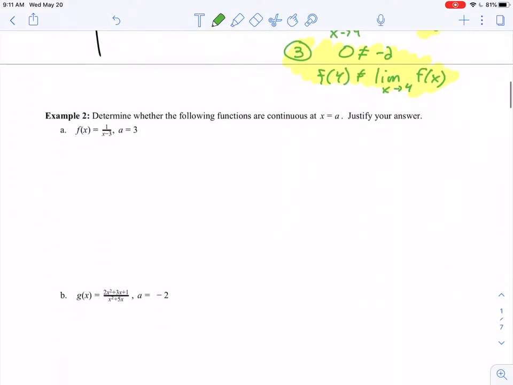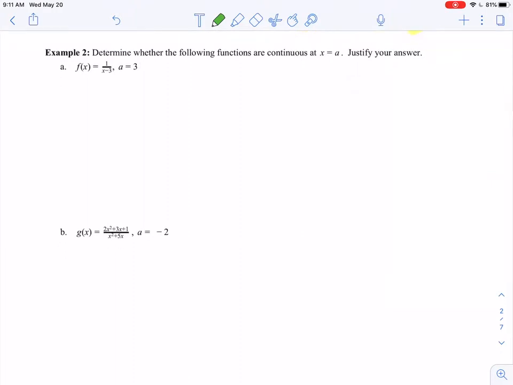So here, I'm going to start with f of 3 right here. I'm just going to take 3 and plug this into my function. So 1 over 3 minus 3. And I already see a big problem right here. This is 1 divided by 0. This value is undefined. Or in other words, this f of 3 does not exist.